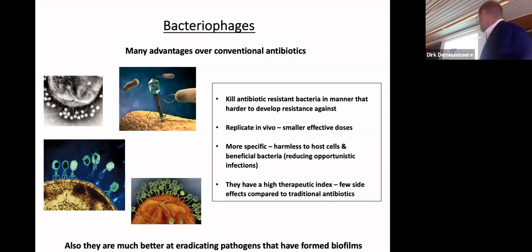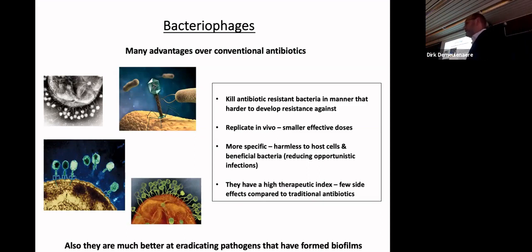And there are, of course, many advantages of this principle. The first is that in theory, it must be more difficult for bacteria to become resistant to a phage infection. I'm not a bacteriologist, so I'm not sure it's true, but there are certainly mechanisms by which the virus could select a resistant bacteria. An obvious interesting point is that your phage will multiply in the bacteria.